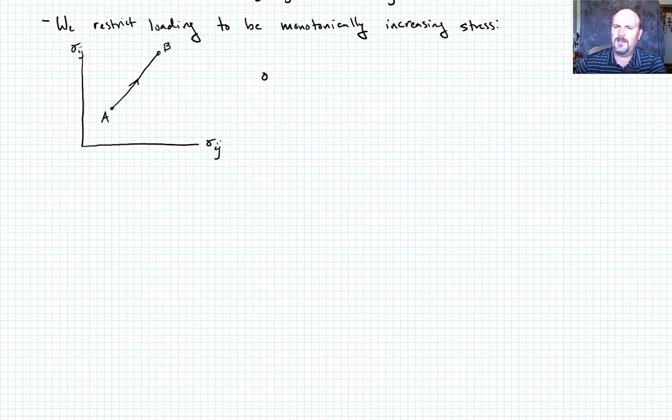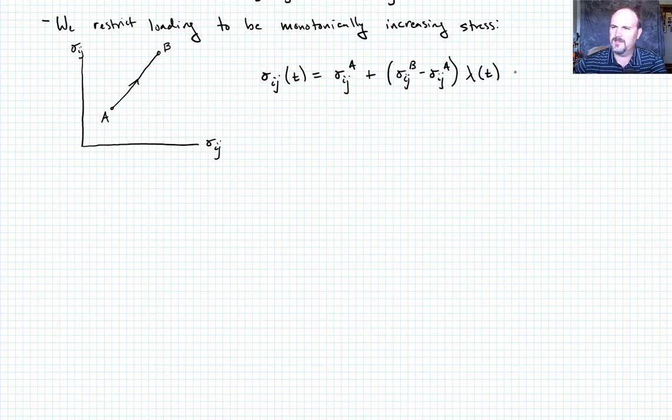So we could then write that sigma ij, the stress during this loading at any given time, is going to be equal to sigma ij at A, plus, then of course just the slope basically, sigma ij at B minus sigma ij at A, that quantity, times some quantity we'll call lambda, which varies in time. We call this equation 2.